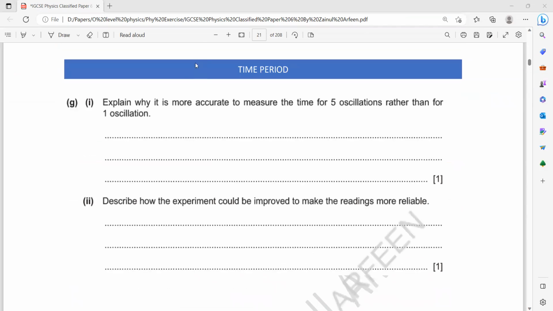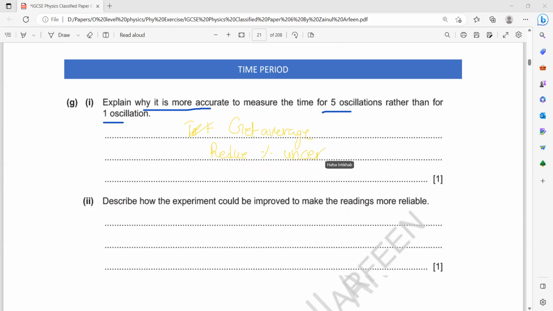Then explain why it is. So this is a question they repeat many times. As you can see, explain why it is more accurate to measure a time for 5 oscillations rather than 1 oscillation. Like why we measure a time for 5 oscillations, why not only for 1 oscillation? So what is the effect? It will reduce, yeah, we'll get an average result, or it will reduce the percentage uncertainty.